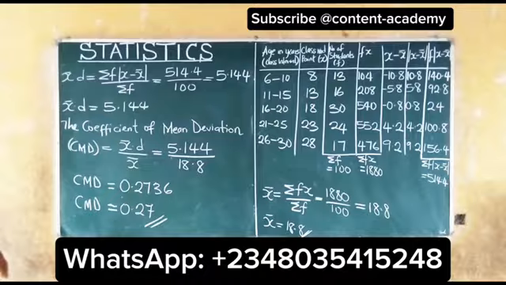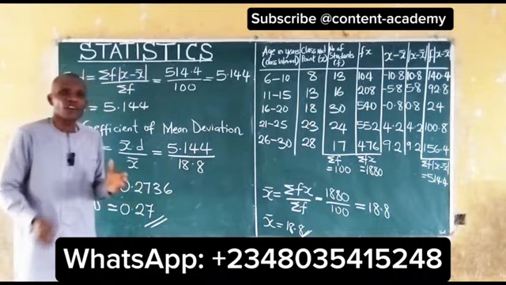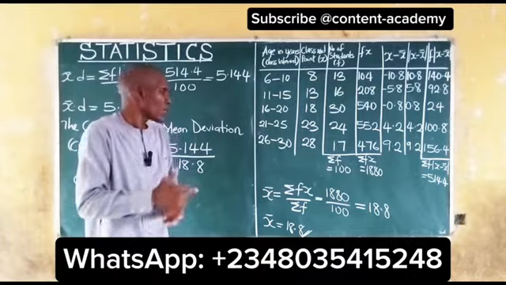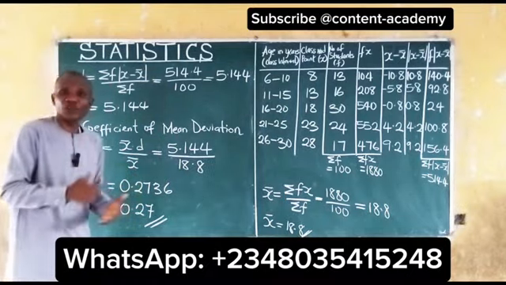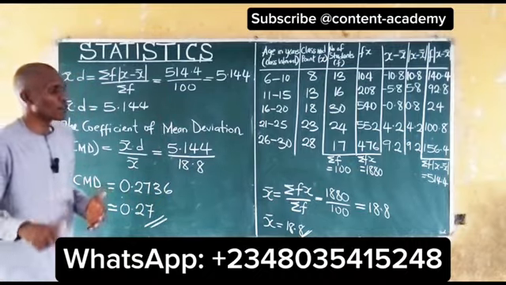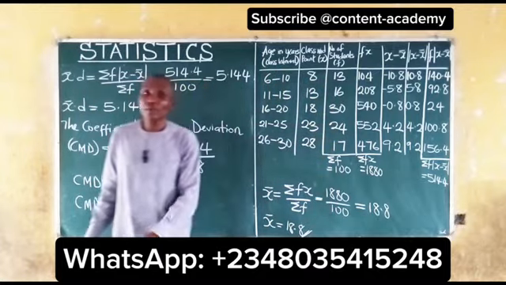So this is simply how we can calculate our coefficient of mean deviation. First, you calculate the deviation, and second, you calculate the coefficient of mean deviation after following all the steps given on the board.